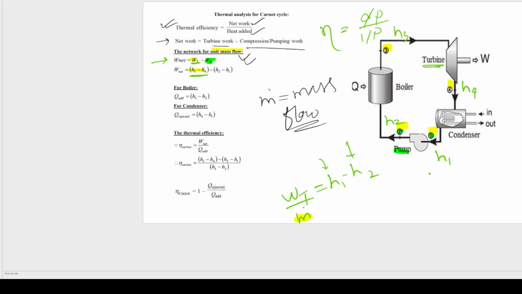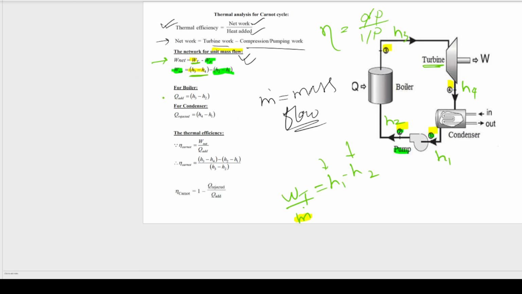So what you need to do now, you need to subtract h2 from h1, right? So we are doing that and we end up getting the work done for the pump. So after that we have got the net work.